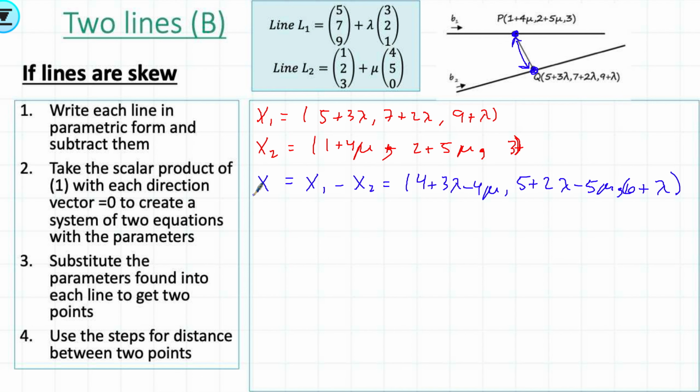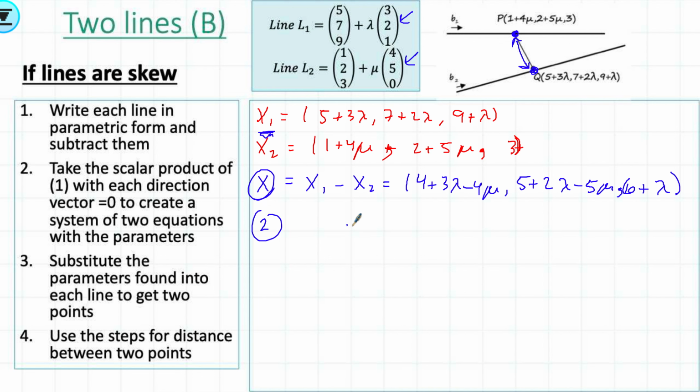We will take the scalar product between x and each of the direction vectors, and we will make them equal to 0 because again, we want them to be perpendicular. They're all the same concepts, but we're just building up into a higher dimension.